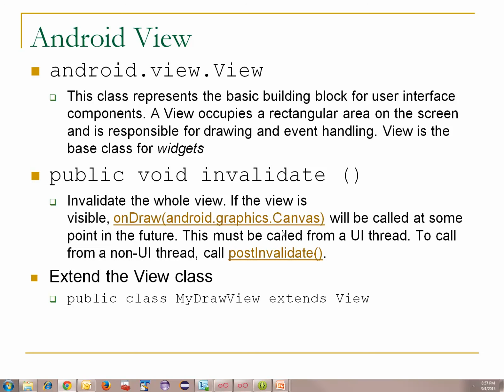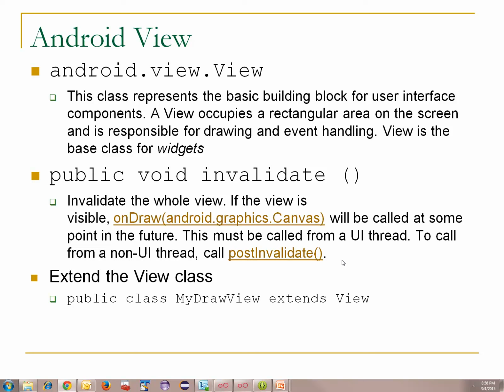Recall from earlier, you don't call onDraw directly. onDraw is called by the Android runtime. So if you want your view to be redrawn, you call invalidate. It's like putting in a request to the Android runtime: please call my onDraw method. I have new information, I need to redraw my view.